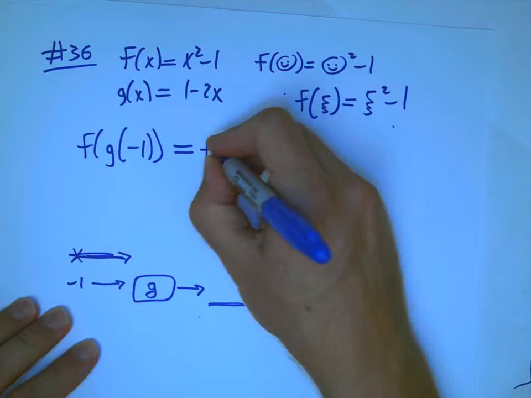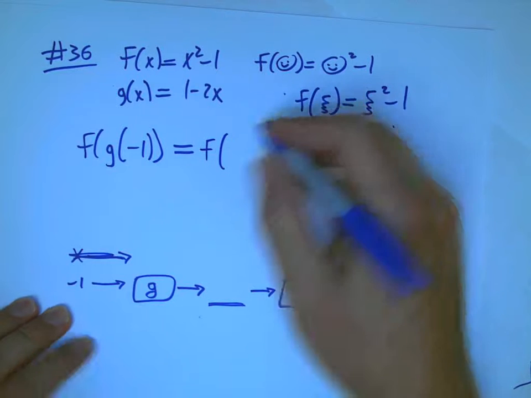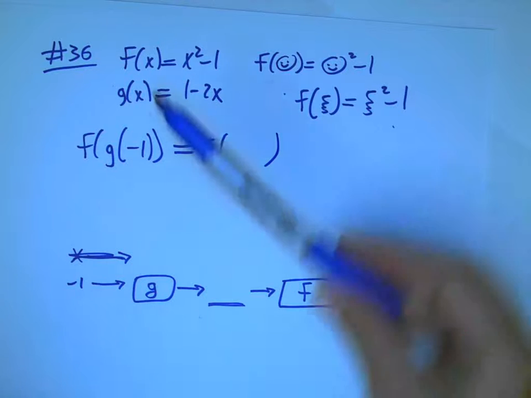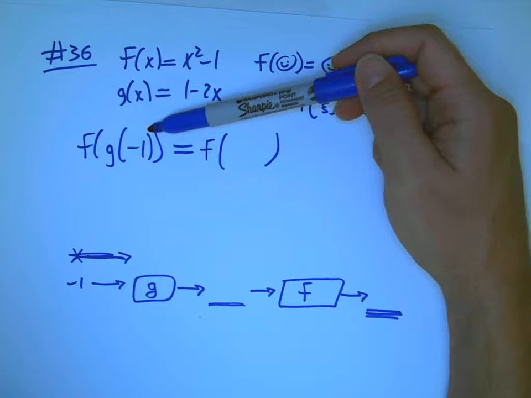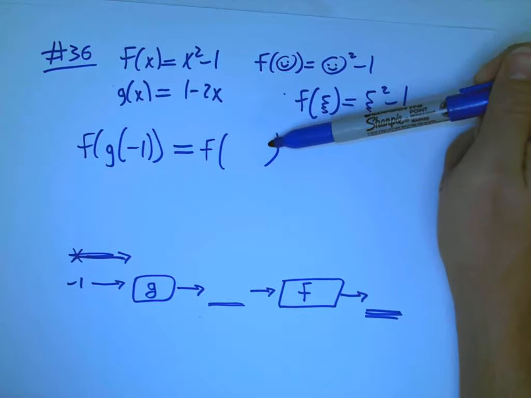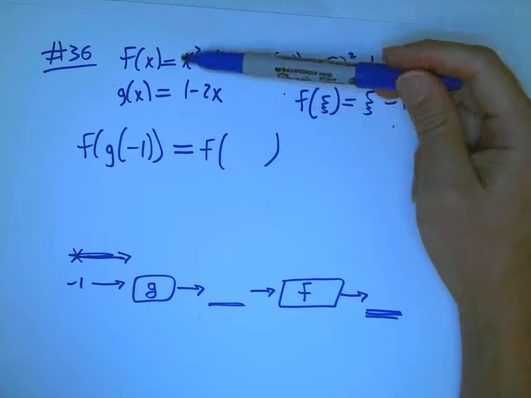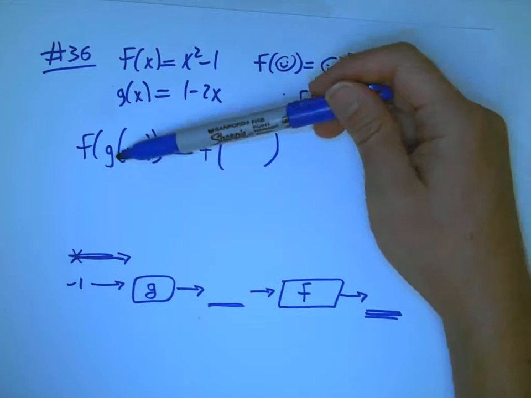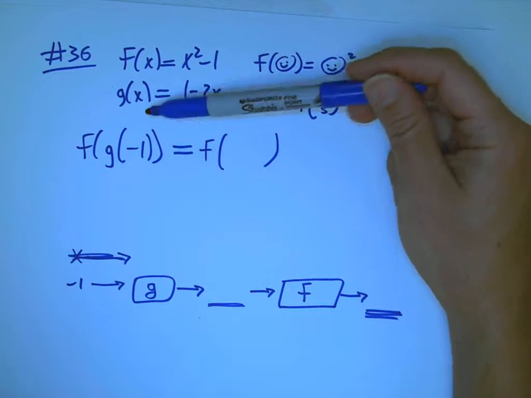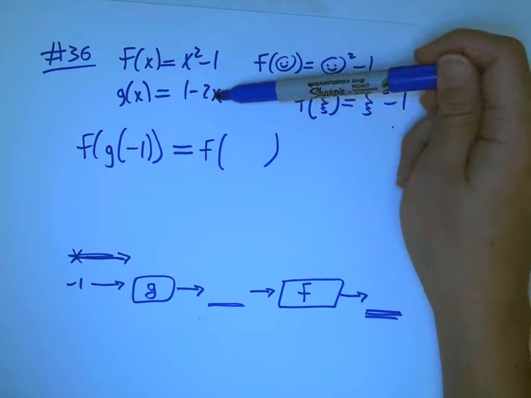So the other thing that's really important is when you're doing a multi-stage process in mathematics, you don't worry about the stage you're not working on. I'm going to rewrite the f of and not change it at all, and not try to worry about f. I'm not even going to use the definition of f. I'm working inside out, and I just need to know what this thing g of minus 1 is.